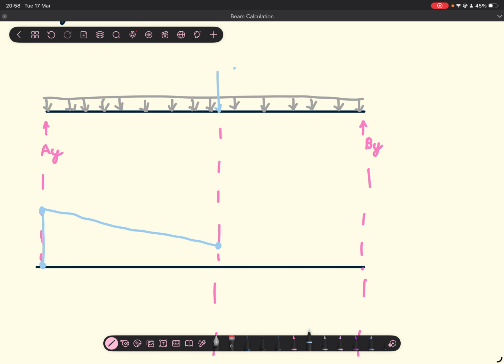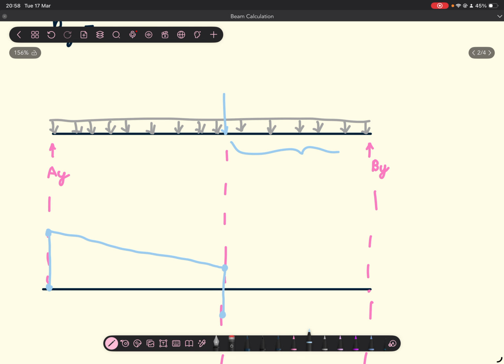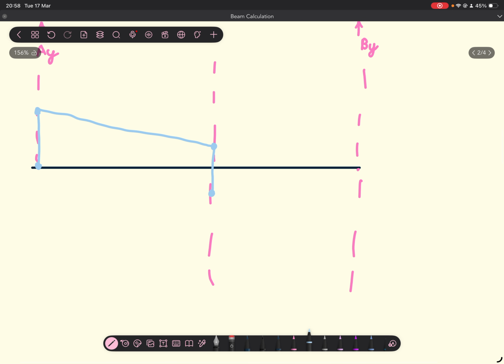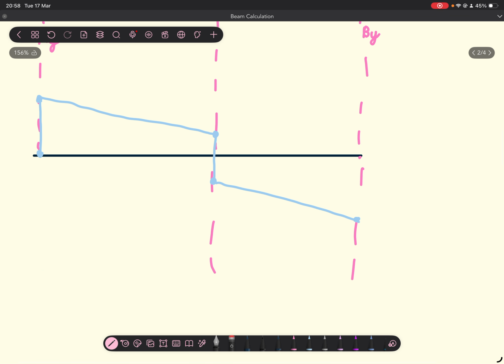This force is going to cause it to jump down, so we jump down to that point there. And then again, distributed load, so we decrease linearly up until that point. And then this is going to cause it to jump up to 0. So we jump up like that.